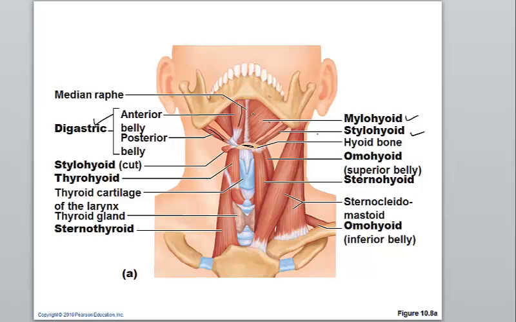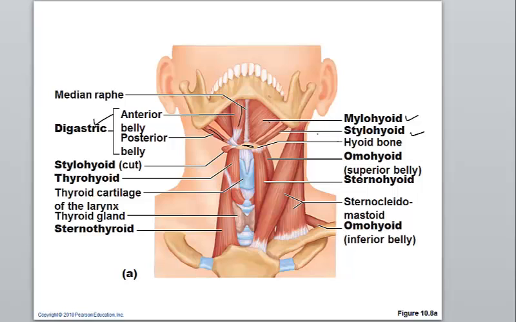So when they contract, all these muscles lift up the hyoid bone, and the larynx moves during swallowing. Okay? Elevate the hyoid bone. That's your suprahyoid muscle group.